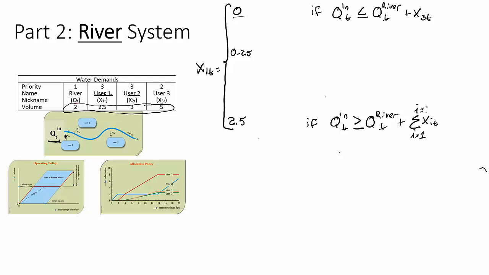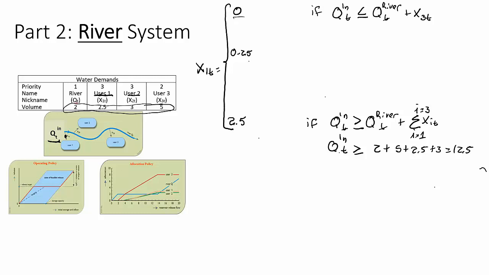So when this happens, when Q in is greater than 2 plus 5 plus 2.5 plus 3. So when this is greater than 12.5, then that's when it will receive 2.5 units of water.